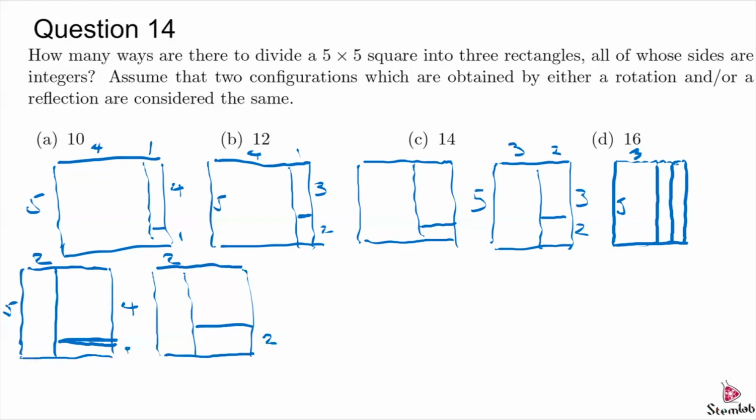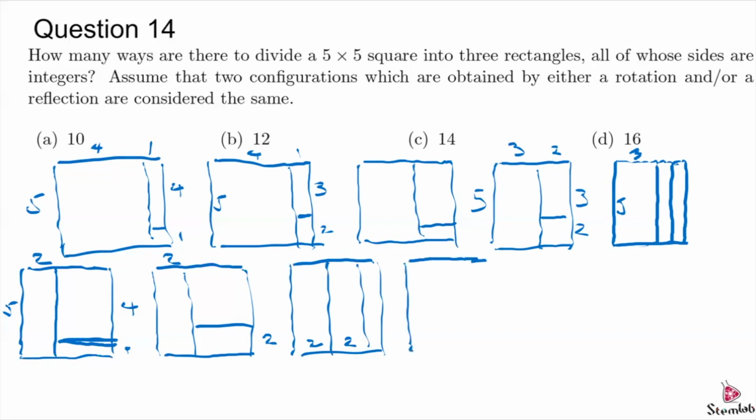And then we do the verticals. The verticals, we have 2, 2, and we have the flips. We have the 2, 1, 2. It turns out again that those are the only ones with a 5 by 2 on the left-hand side.